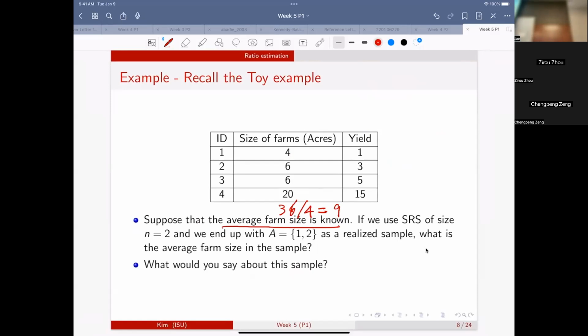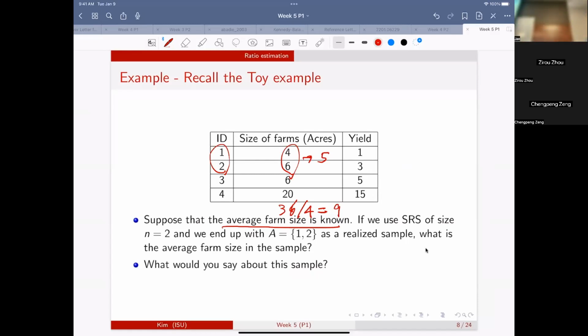If you apply simple random sampling of size 2 and you happen to obtain the smallest two farms, then what is the average? 5. Okay. So I know that the population average is 9, but my sample average is 5. What should we do?